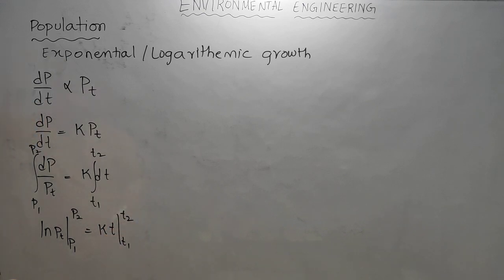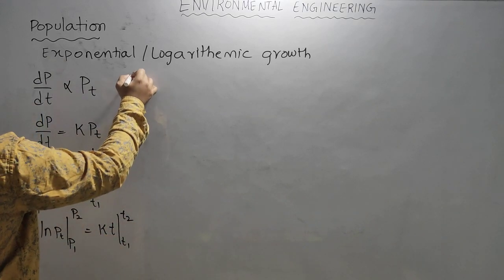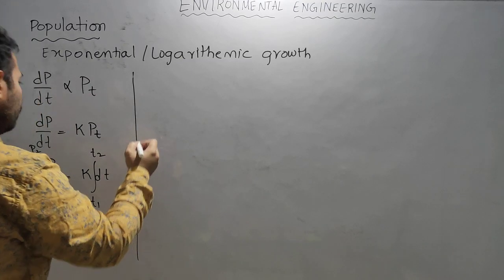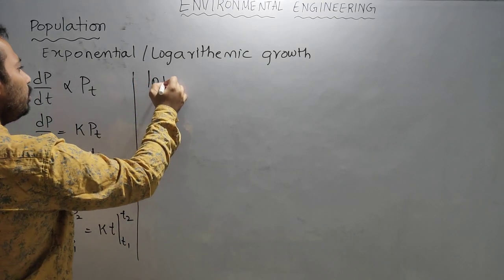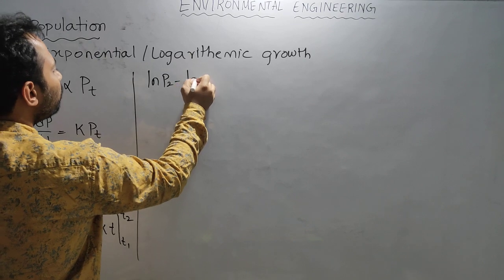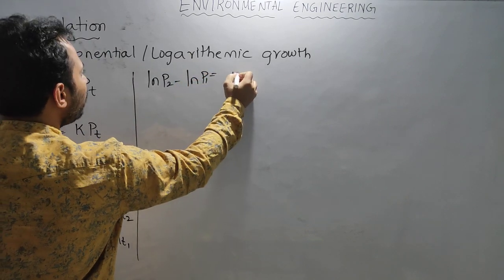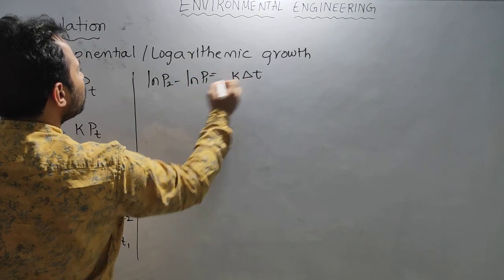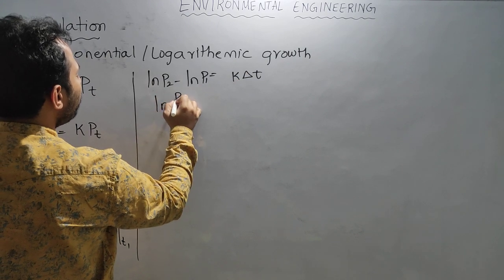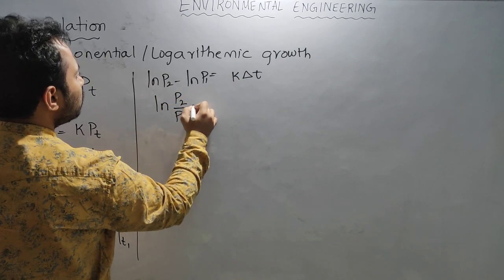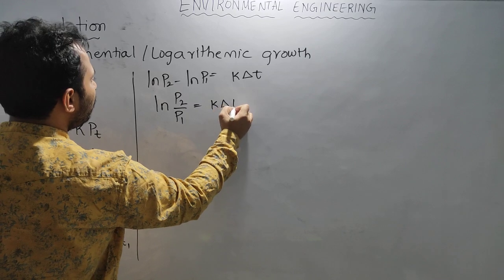Now this is ln P2 minus ln P1 is equal to k into delta t. So ln P2 by P1 is equal to k into delta t.